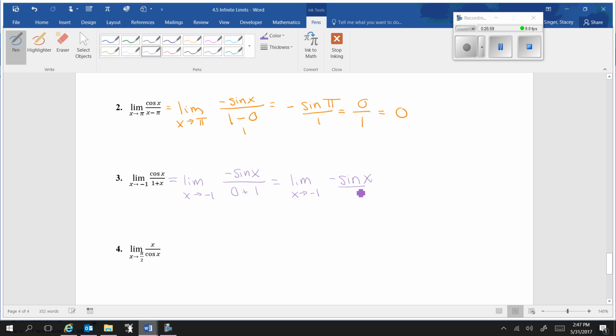If you wanted to, you can, but it doesn't really matter. It's not going to make a difference. So if I plug in negative 1 into sine of x, I get sine of negative 1, which again, you have to make sure you're typing it in radians, because negative 1 would be a radian measure, not a degree measure. There's not a degree symbol there. So that would give me an ugly decimal of negative 0.84147, etc.